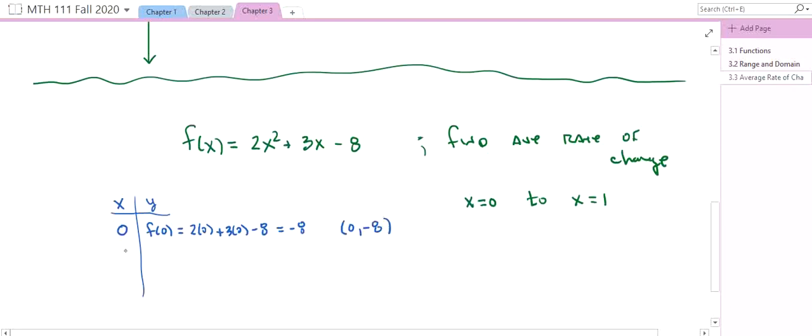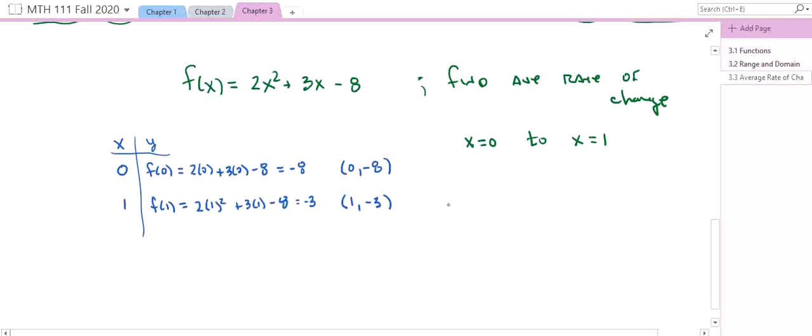And then we have f of 1 equals 2 times 1 squared plus 3 times 1 minus 8. So that looks like 2 plus 3 is 5, minus 8 is minus 3. So this is the point pair 1, minus 3.